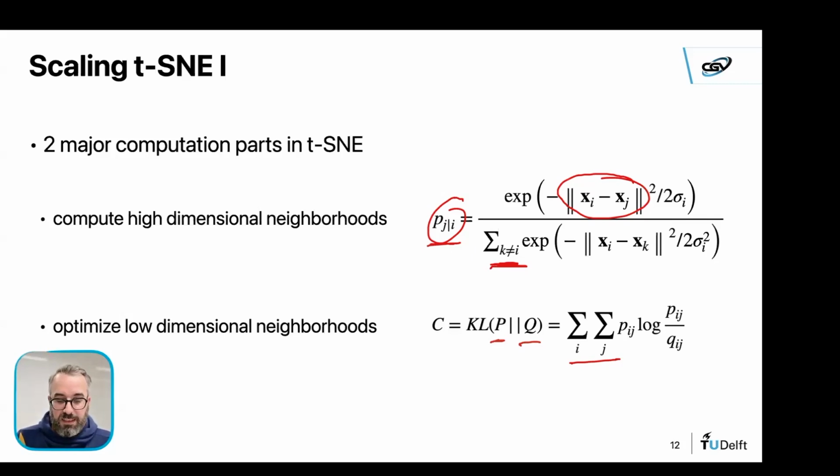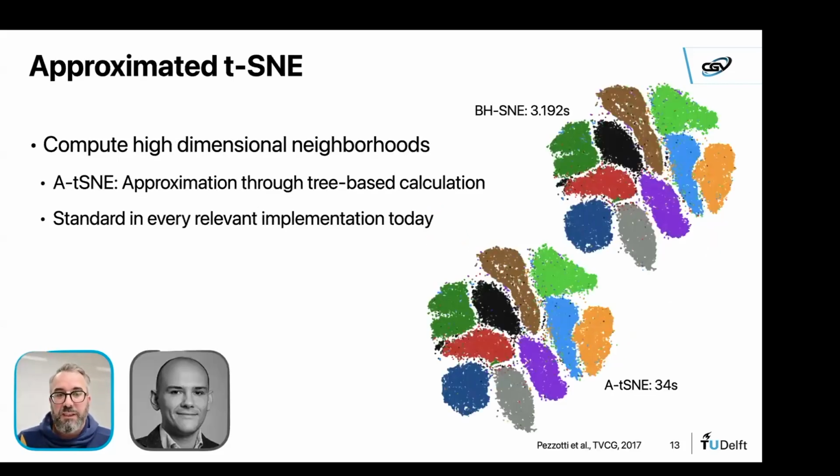So we looked at both of these parts. A PhD student in our group, Nicola Pezzotti, actually came up with the idea quite some time ago, right? So 2017 already, to approximate the neighborhoods in the high-dimensional space instead of calculating them precisely.